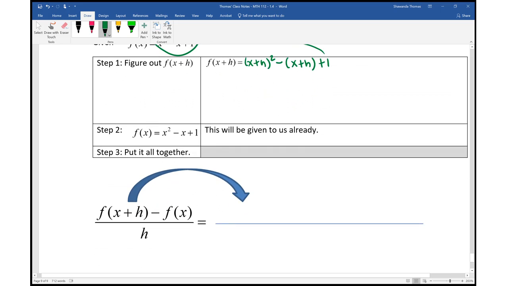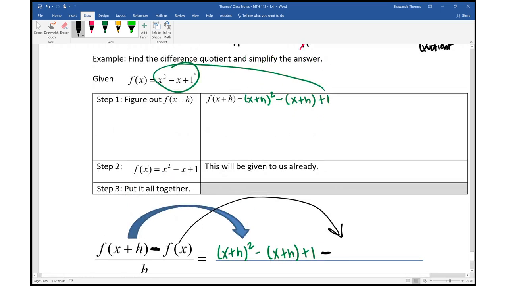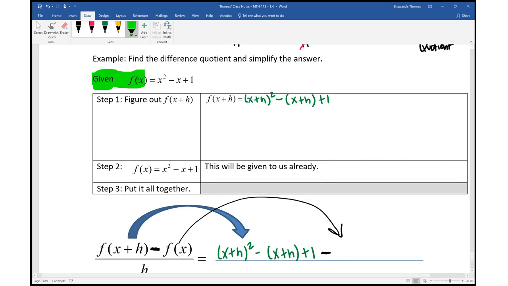Then we're going to go ahead and drop it down here. x plus h squared minus x plus h plus 1. Then, of course, there's a minus in this formula, minus. Now we need to put f of x over here. What is f of x? f of x is always given to us.